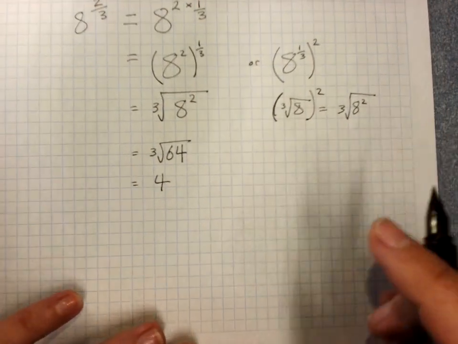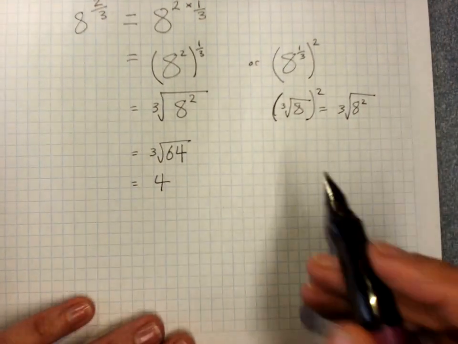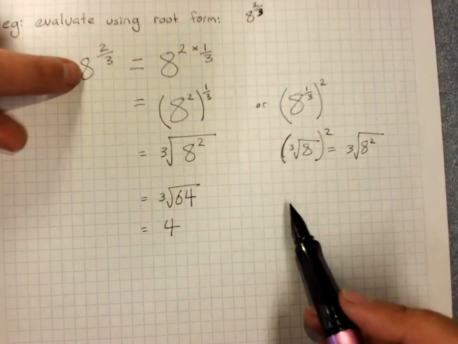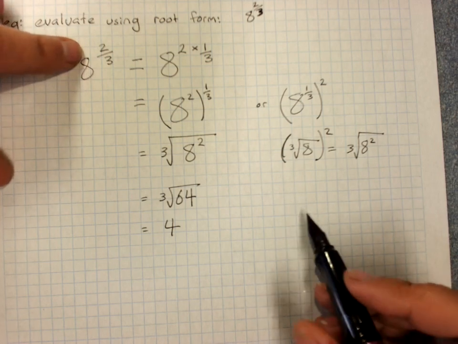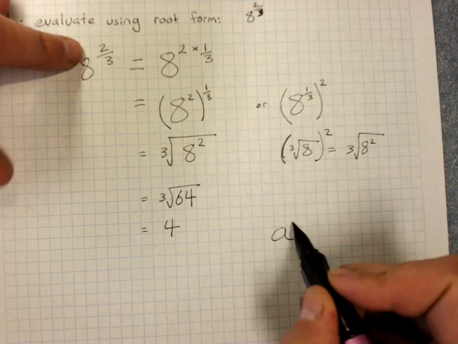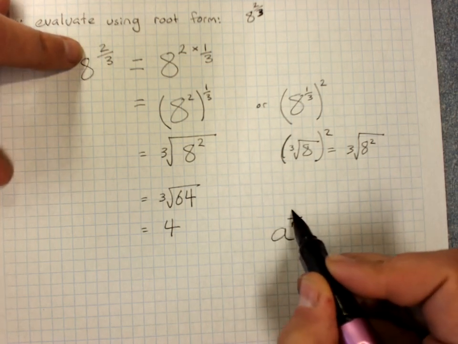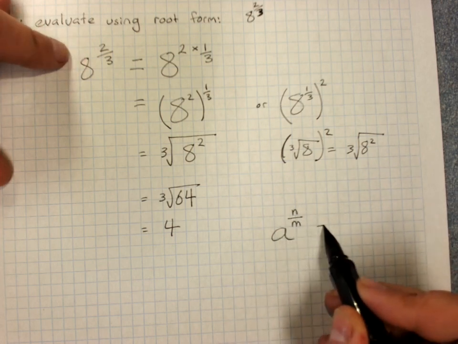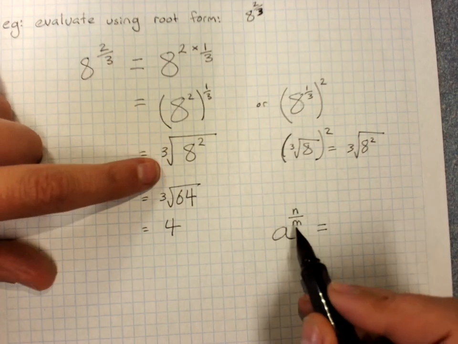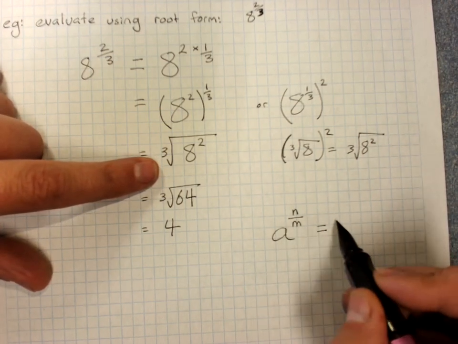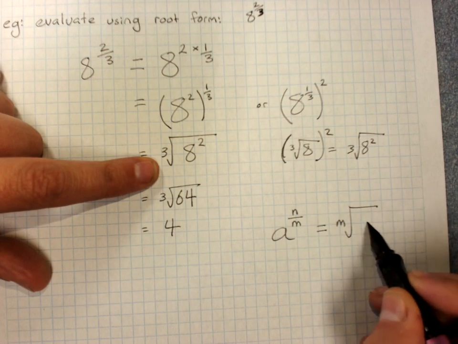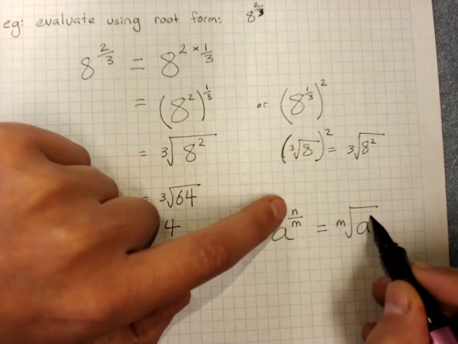So what that shows us is that when I've got a number to the power of a fraction, a to the power of a fraction with a denominator of m and the numerator of n, what we will get is the mth root of a to the power n.